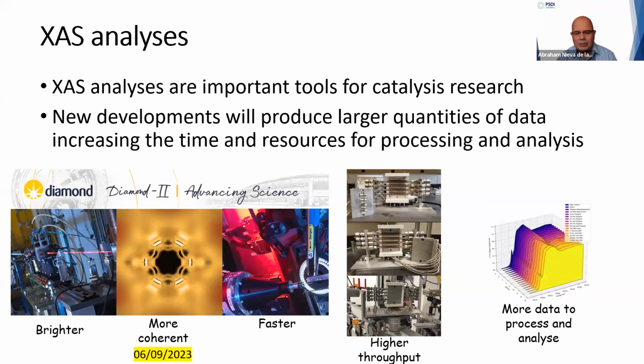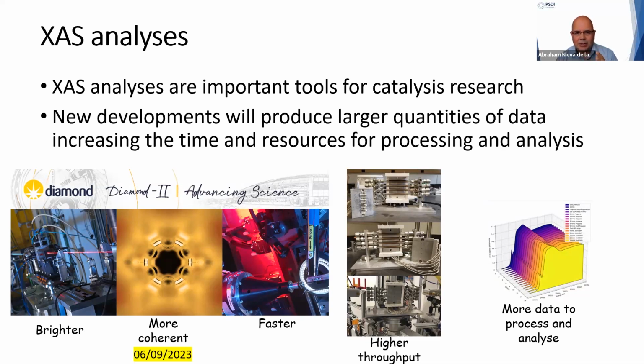And well, just as a motivation, we know that in the current context, the scientists produce large quantities of data, and this is only expected to grow. So the example of Diamond 2 that will provide new beamlines with more advanced features and will produce larger data sets with better definition, and faster times of producing these results.